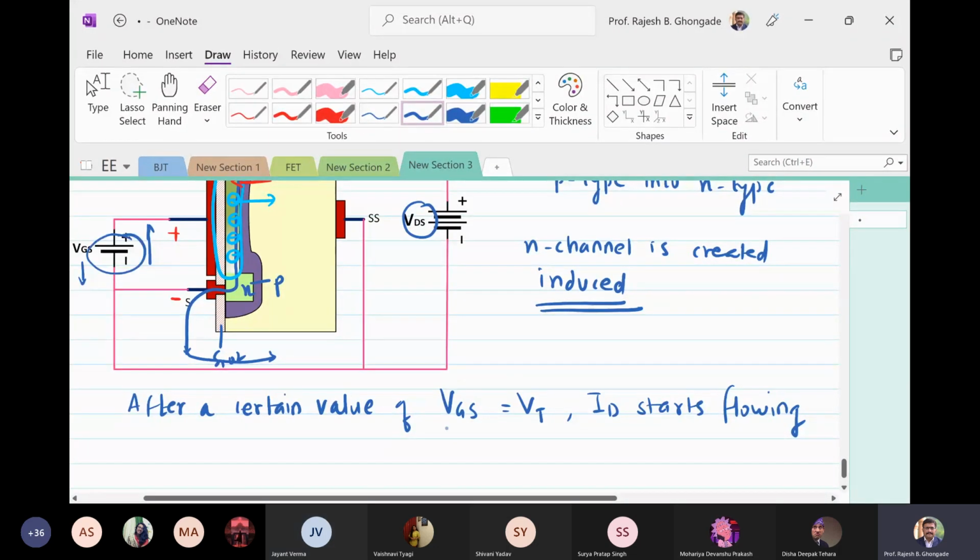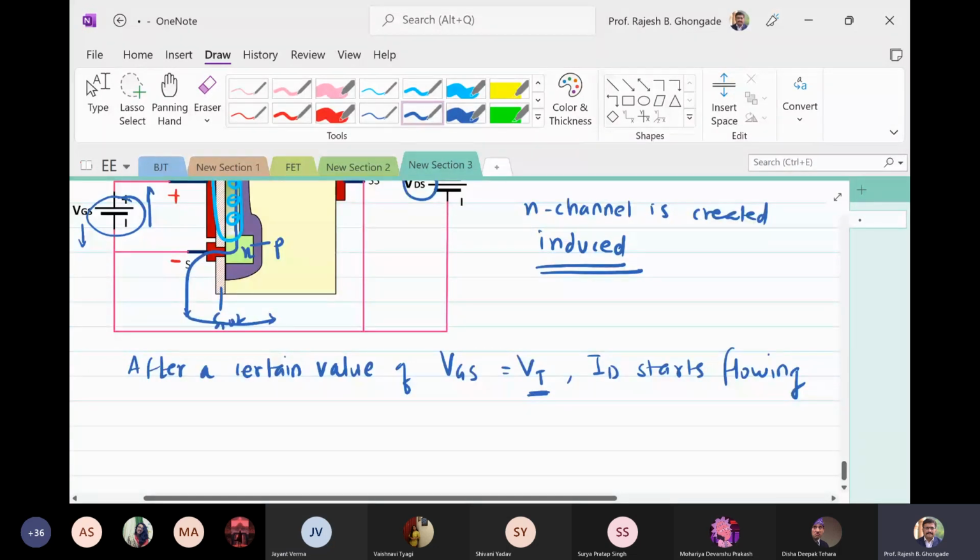So as VGS is increased in the positive direction, at a certain value of threshold, after it crosses that threshold, drain current will start flowing. So V threshold is nothing but a V off, no? Exactly. लेकिन in this case, this V off or VT is positive.